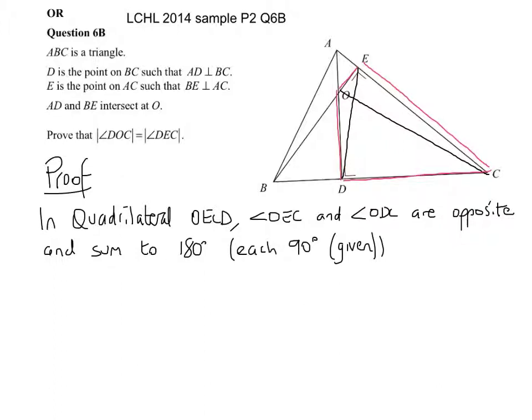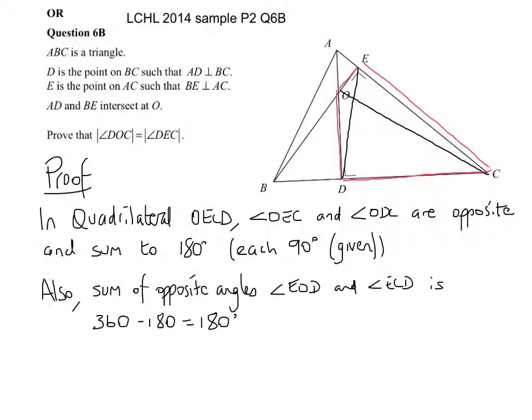Then if we were to look at the other two angles in the quadrilateral, so EOD and ECD, we find these angles also have a sum of 180 degrees. This is primarily because we know any quadrilateral has a sum of 360 degrees for its four angles.